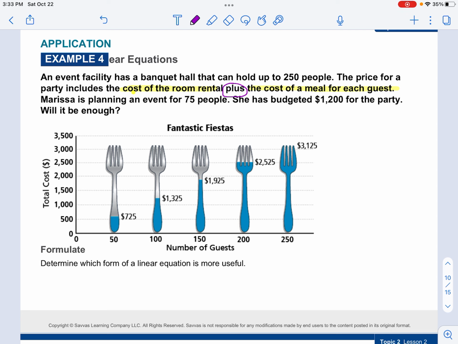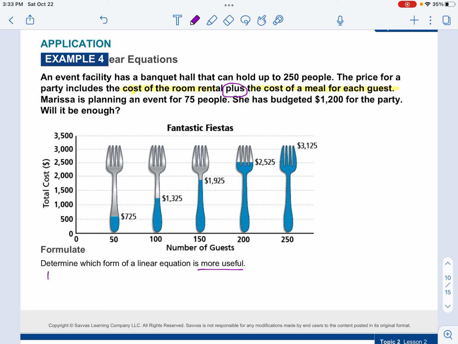Will that be enough? Well, we have a graph that's going to represent the total cost based on various numbers of guests. So with that, first we have to determine which form of a linear equation is more useful.